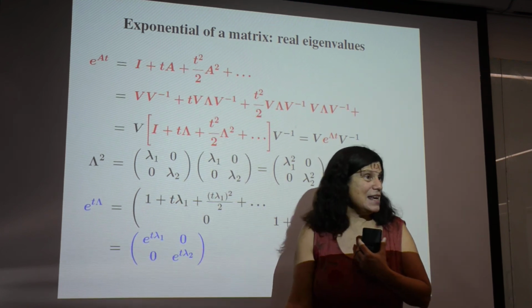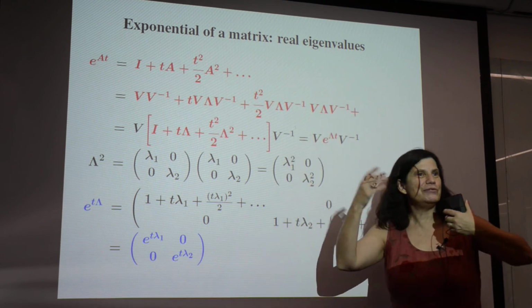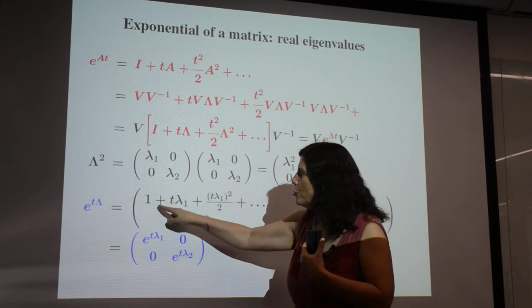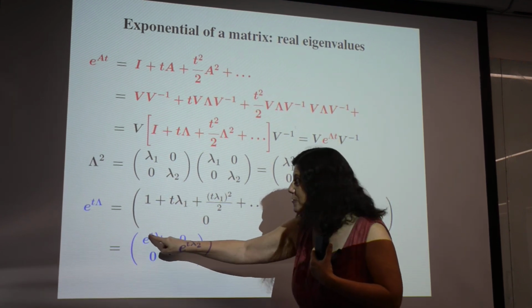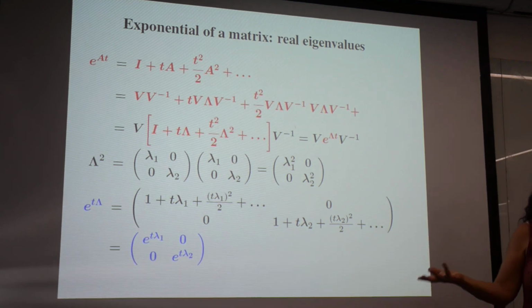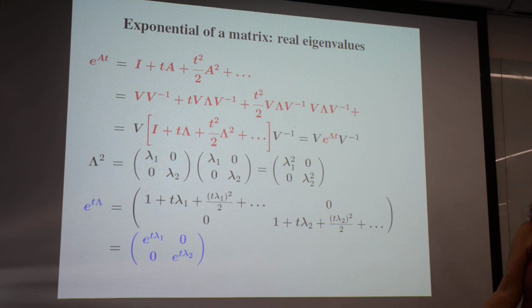But we know what that means. We don't have to do matrix multiplications over and over up to the 15th power or something. We know what that is. That's just the exponential of those eigenvalues, the lambda. And you can see how this works for matrices of any size. I did it for 2 by 2, but it could be any size.